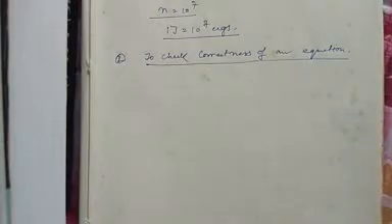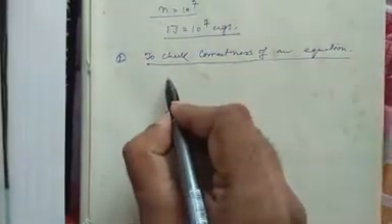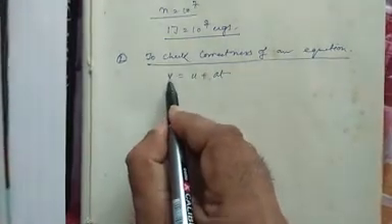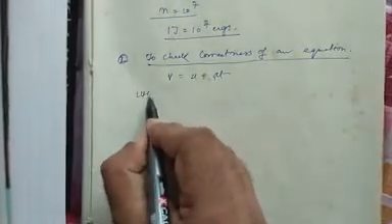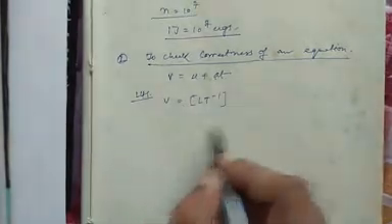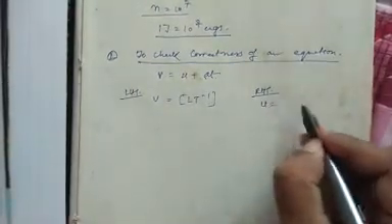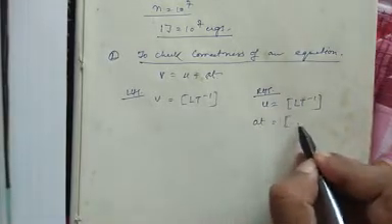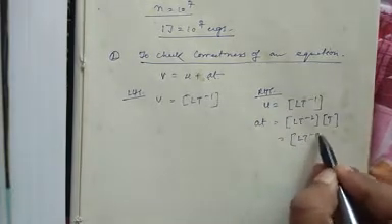The second part of dimensional analysis is to check the correctness of an equation. Let us take a very simple example: V is equal to U plus AT. You all know it. Now V is final velocity, U is initial velocity, A is acceleration and T is time. So the left hand side for velocity, the dimension we know is LT⁻¹, and the right hand side U, the dimension is LT⁻¹. AT, A means acceleration, LT⁻² into T, which comes out to be LT⁻¹.